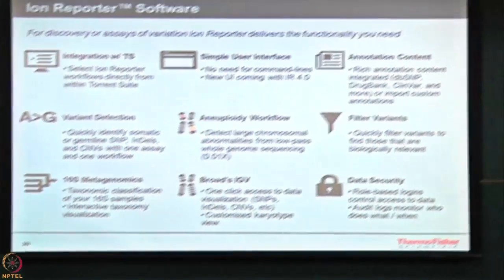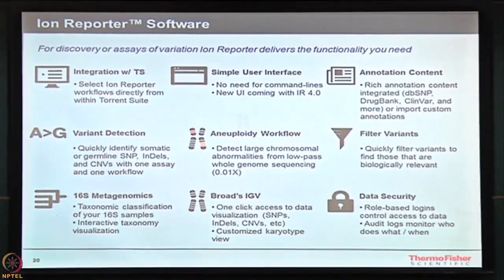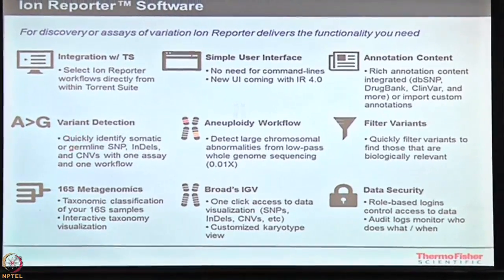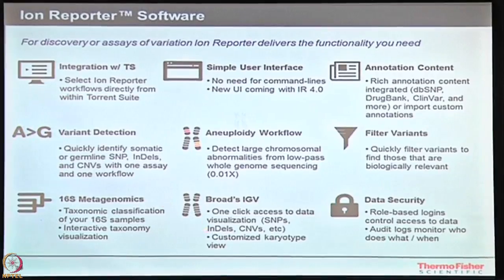Okay. So what happens over here is, in Ion Reporter software, I'll be detecting different things. Ion Reporter software is not just for your variant analysis actually. There are lots of other tools that are also available in Ion Reporter. We have something for the variant detection, that is one. But we also have something called 16S metagenomics.